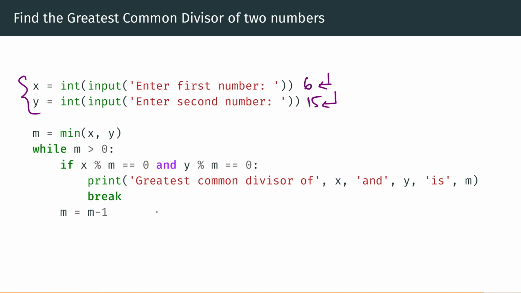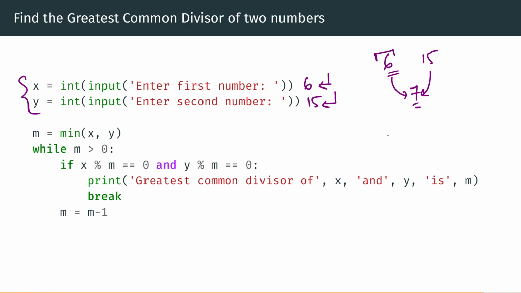Why? Because if I want to find the greatest number that divides these two numbers, it certainly cannot be larger than the smallest number. It cannot be 7, because 6 is not divisible by 7. It has to be at most the smaller number.